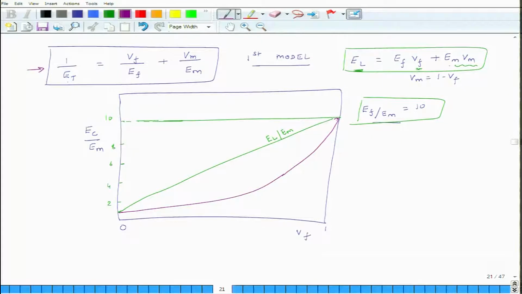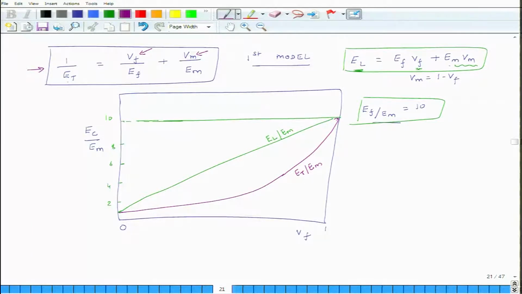Why does it start at the same location? At 0% volume fraction, this term goes to 0, this is 1. So 1 over E_t is equal to 1 over E_m, so it starts from 1, and at 100% volume fraction it ends at 10, because we have assumed that E_f over E_m is 10. So this is the expression for E_t over E_m.